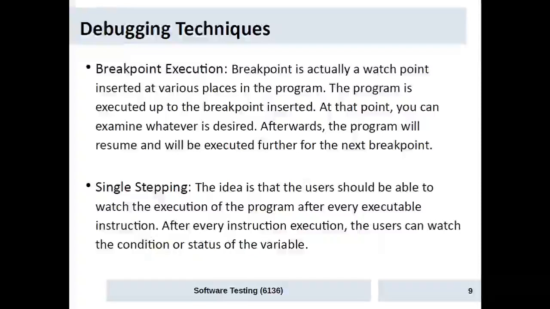Then the program temporarily stops, and it allows the programmer to see the value of the variables or various conditions in that program, and we'll be able to check and verify the values there. If he is satisfied with the values, he can continue the execution up to the next breakpoint.